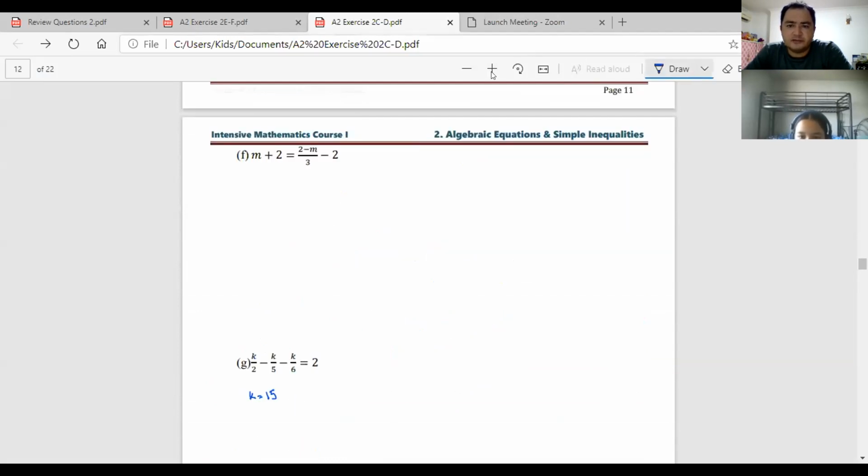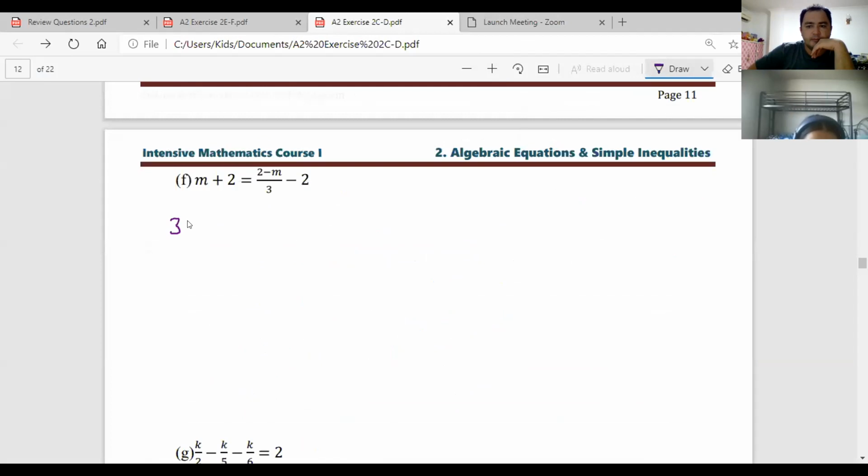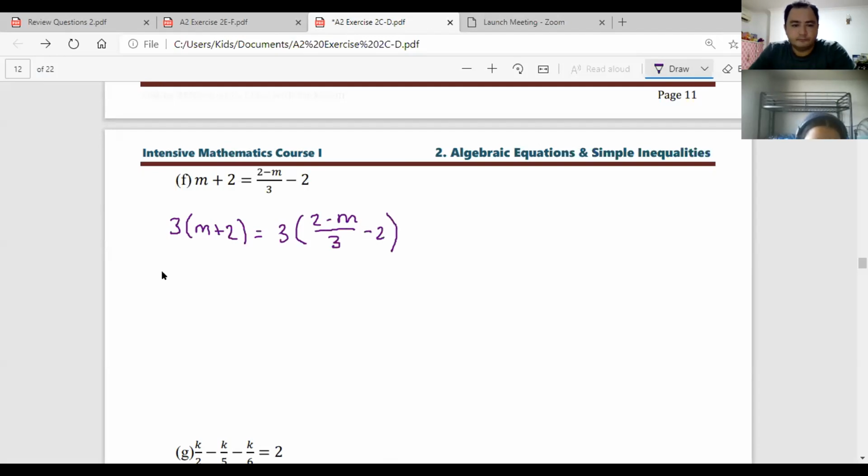Can you zoom in a little bit? Good. This is a different color. Oh, okay. 3 over m plus 2 equals 3 over 2 minus m over 3 minus 2. That is 3m plus 6 equals 2 minus m minus 6.